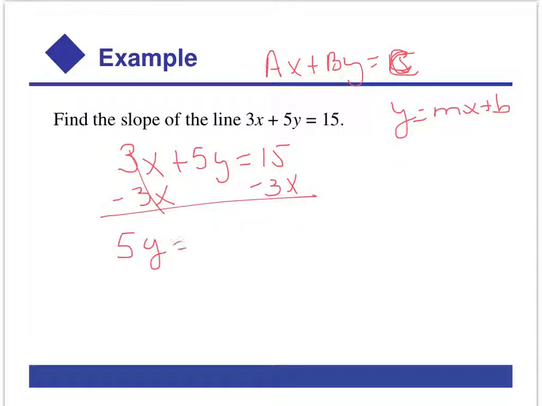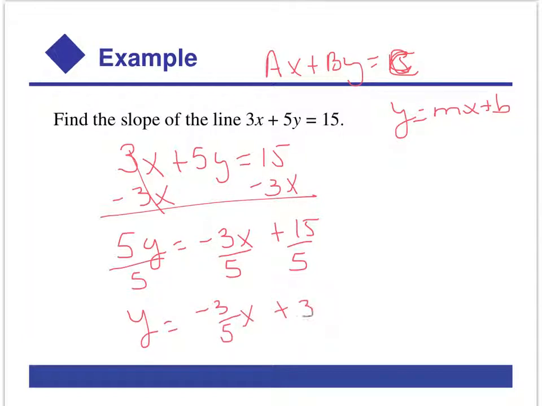So 5y equals negative 3x plus 15. Divide by a positive 5 under each one. So y equals negative 3/5 x plus 3. Our slope is negative 3/5.